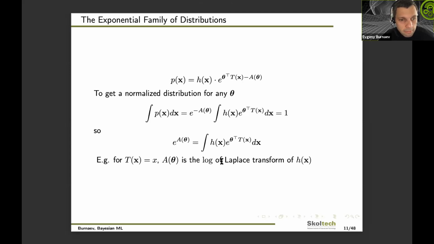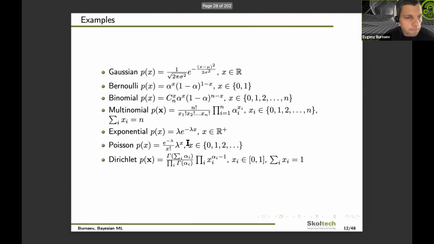It's obvious that, for example, if t of x is equal to x, then a of theta is the logarithm of the Laplace transform of the function h of x, by definition. That is why a of theta is called the cumulant generating function. Anyway, a of theta defines the normalization, and later I will also show you some properties of this function.